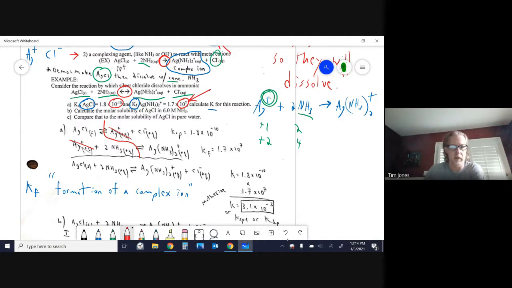So you just bring it down and you end up with AgCl solid, 2 aqueous ammonias, the complex ion, and the Cl minus. Just kind of going along for the ride. There's not a whole lot to say about it. When you add equations like we just did, you don't add their equilibrium constants. You have to multiply them, or as I like to say, you have to mathesize. So if I take both K's, you multiply them.